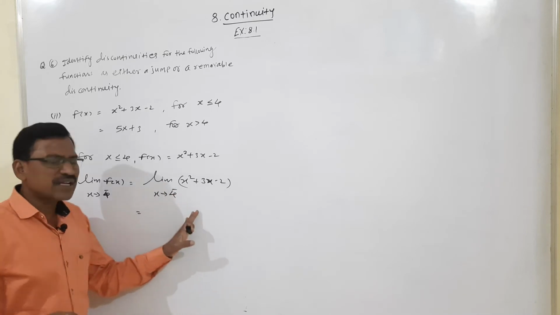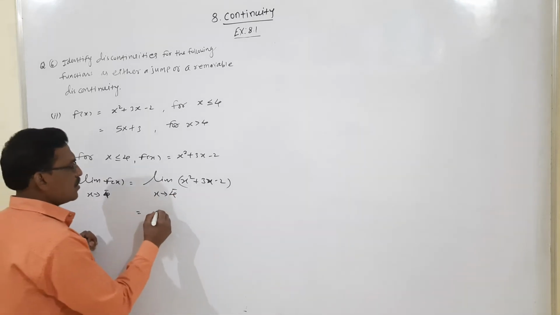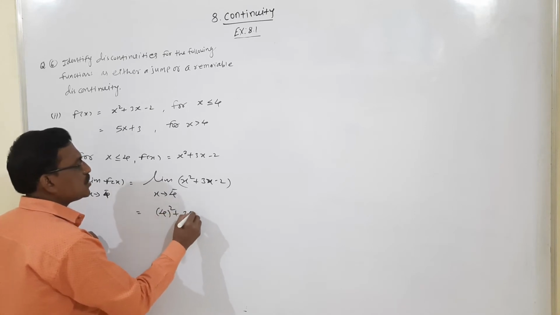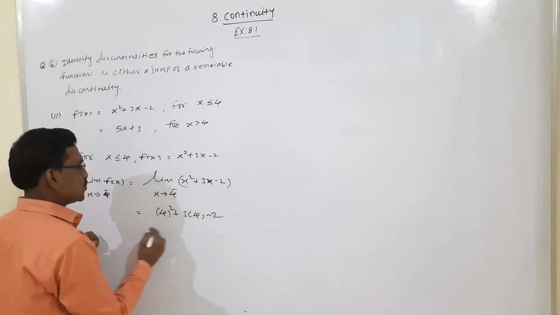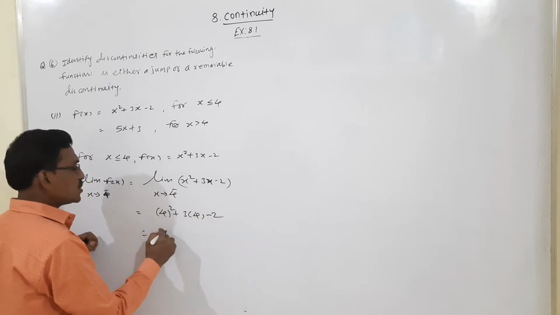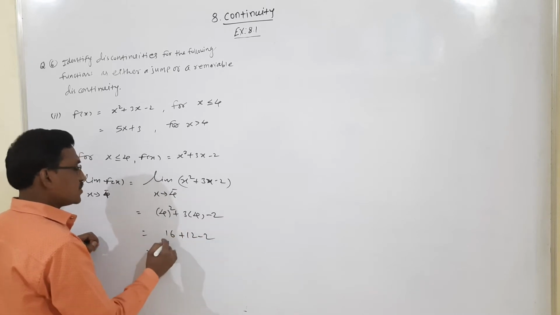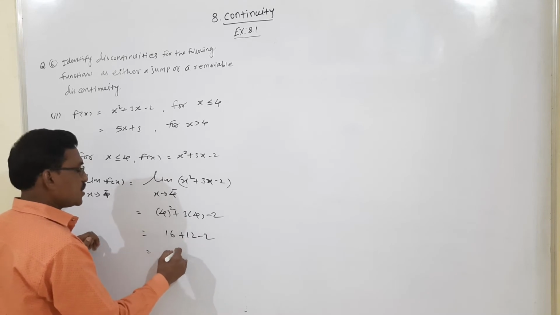So apply the limit directly here. So 4 square plus 3 into 4 minus 2. 4 square is 16 and 3 fours are 12, minus 2. 16 plus 12 is 28, minus 2.